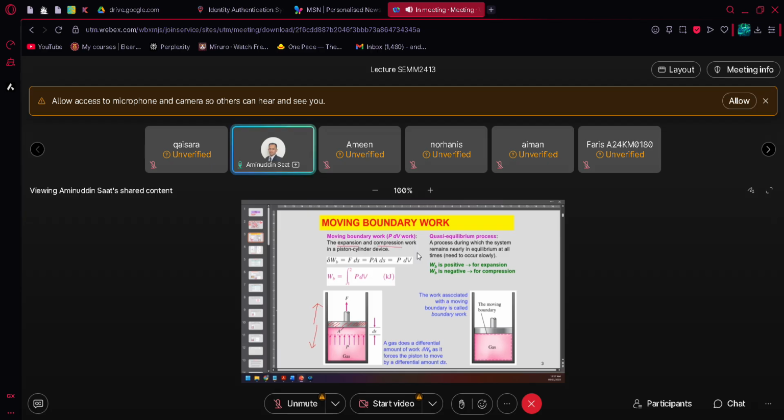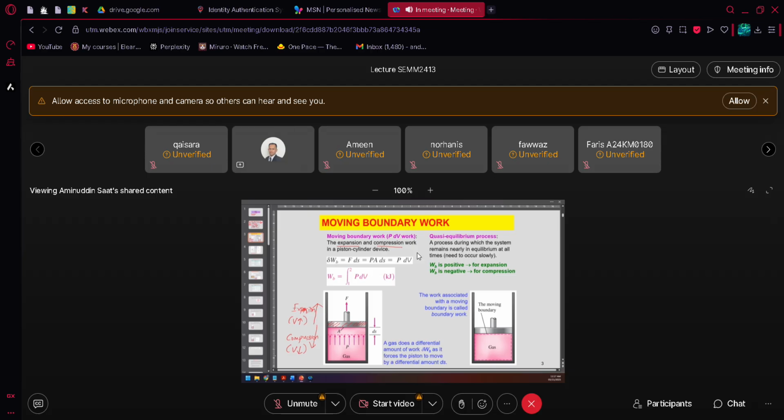So normally when the piston is moving upward, it is related to the expansion. Why? Because the volume increases. And for the piston going downward, it is related to the compression because the volume reduces. So here the volume increases, here the volume reduces or decreases.